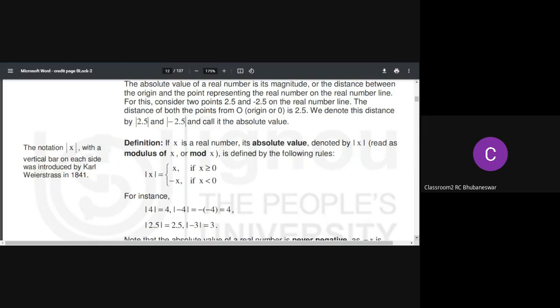So now let us discuss some particular types of functions. The first function is the absolute value function. The absolute value function is generally represented by a pair of vertical bars. We can read it as modulus of x, or in short, mod x.